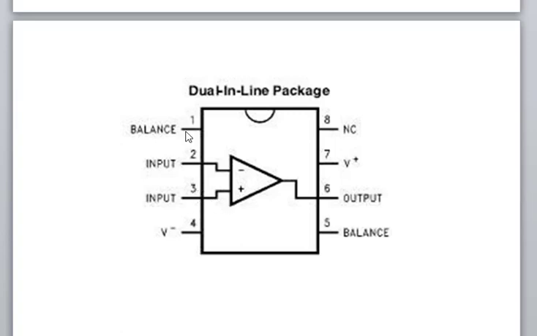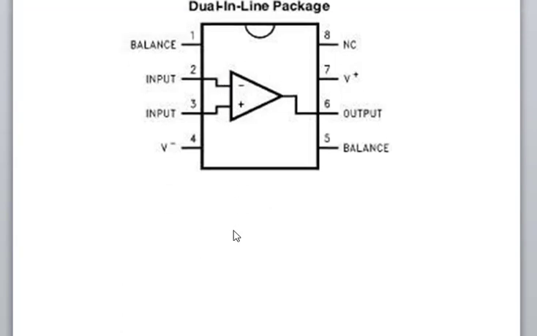It is the offset null balancing input pin. It is the negative voltage pin. It is the offset null balancing pin. The sixth one is the output pin. Seventh one is the positive supply pin. Eighth pin has no connection. It is the circuit symbol of the operational amplifier.